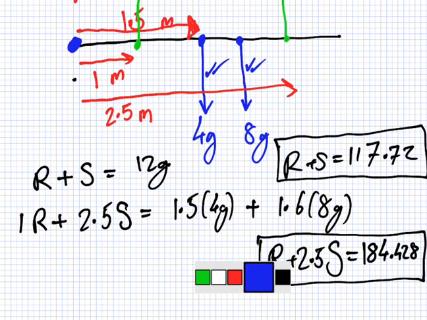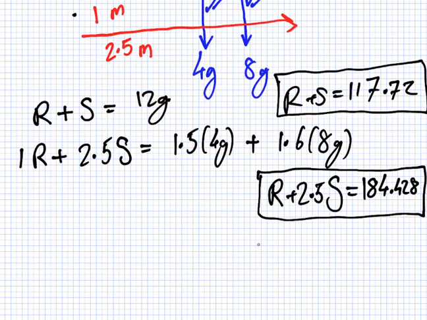Right. What's nice about these equations is I should use elimination because the R's are ready to cancel. So here I would get 1.5 S equals 66.708.